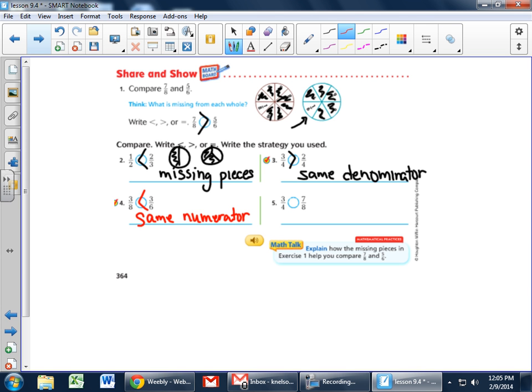And on number 5, I probably would have to draw it out. So the one that is colored in more, 7/8, so I used missing pieces again.